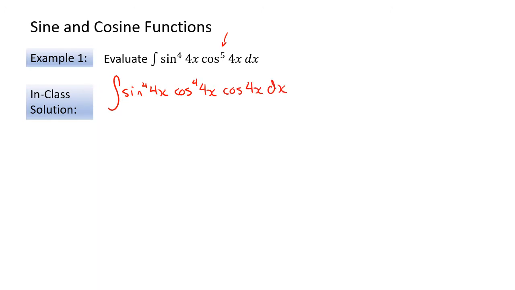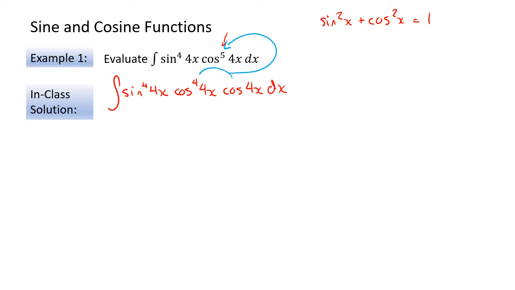Because if you multiplied these two terms together, you would arrive at cosine to the exponent 5 of 4x. Okay? So now remember, our trigonometric identity we had was sine squared of x plus cosine squared of x is equal to 1.